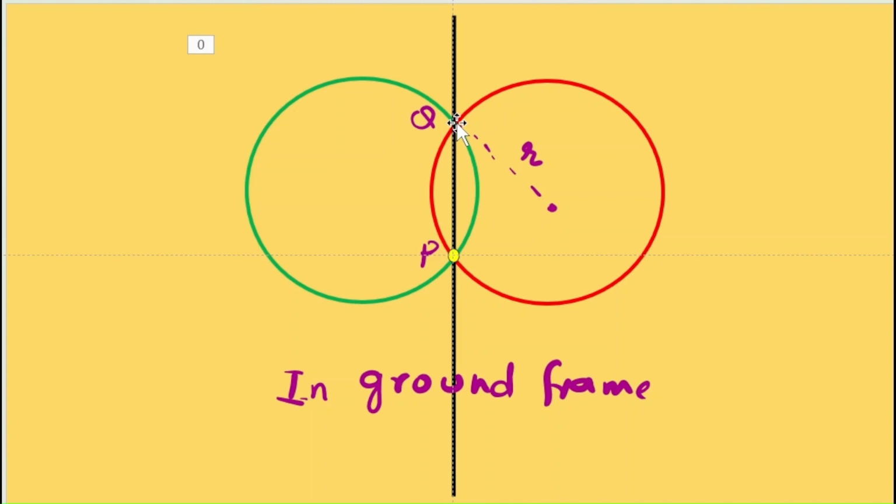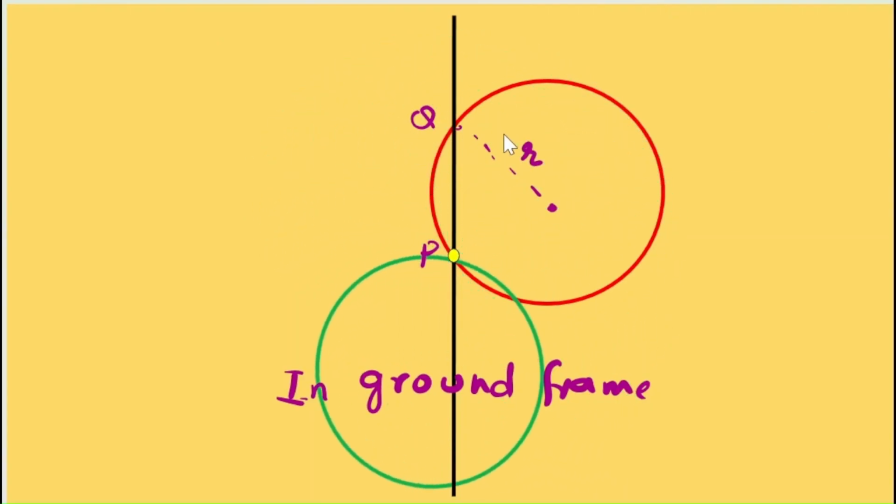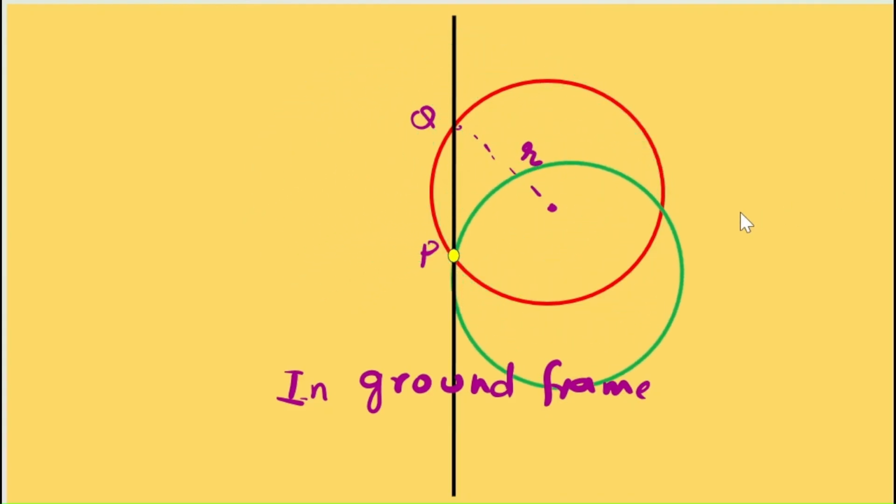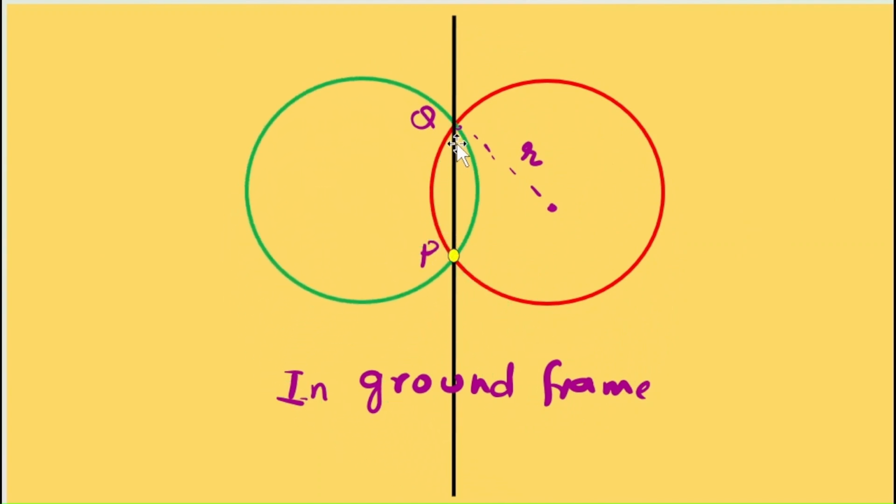If you observe, the intersecting point is moving along this circle of radius r with some angular velocity, but it can be noticed that when this green circle completes one rotation, this intersecting point also completes one rotation.